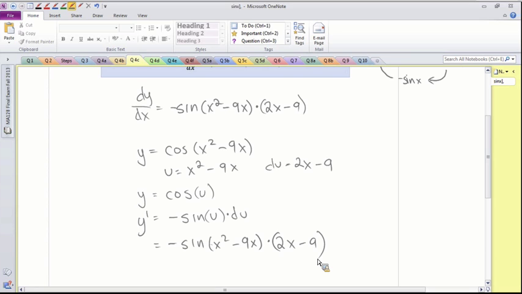That gives us a new y, where y is equal to cosine of U. Now y prime is equal to negative sine of U times du. We found U and what du is, so we just plug that in. So here's our final answer.